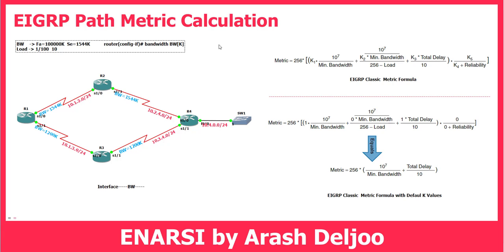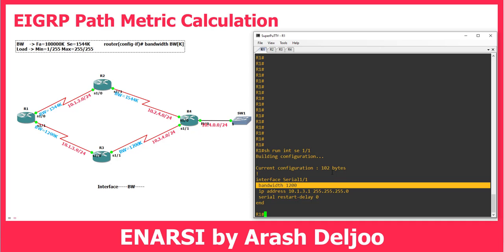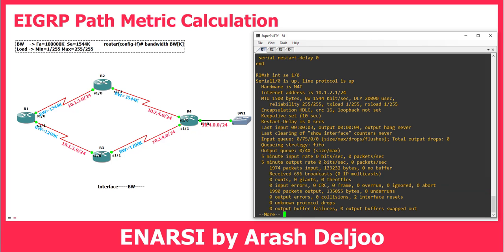Actually, in IOS, for the load we use the minimum value as 1/255, and for 100%, the maximum load, full load, 255/255. Look at here. In show interface serial 1/0 or show interface FastEthernet 0/0, you can see the load of the interface.